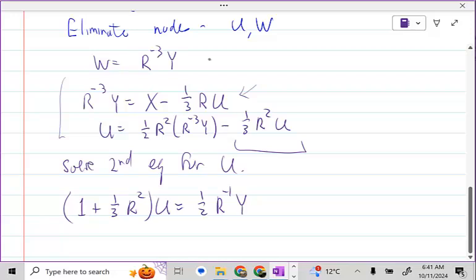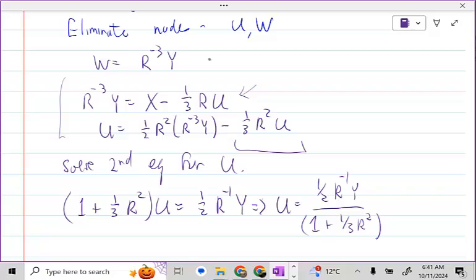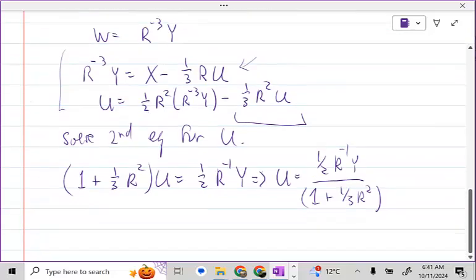So that's going to give me U in terms of Y. This is probably a pretty complicated example, but I think that's everything. I got my left-hand side, my right-hand side, so we're all good. Okay, let me plug that into the first equation now.